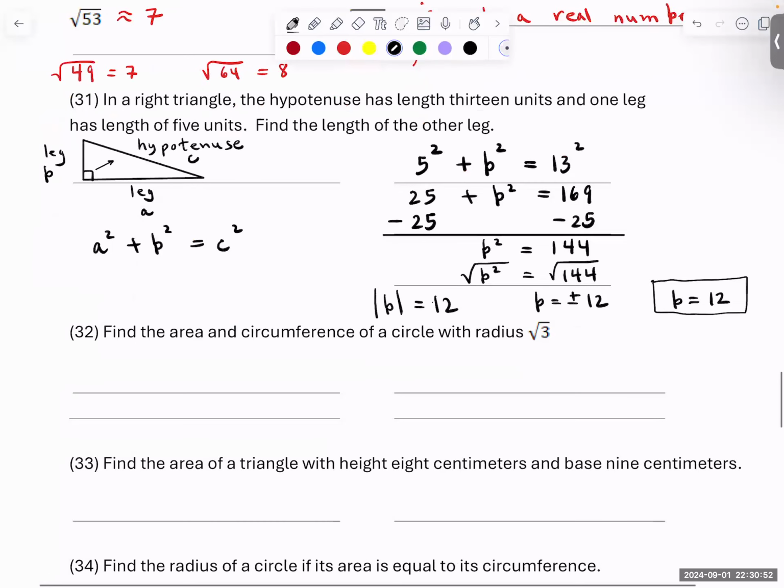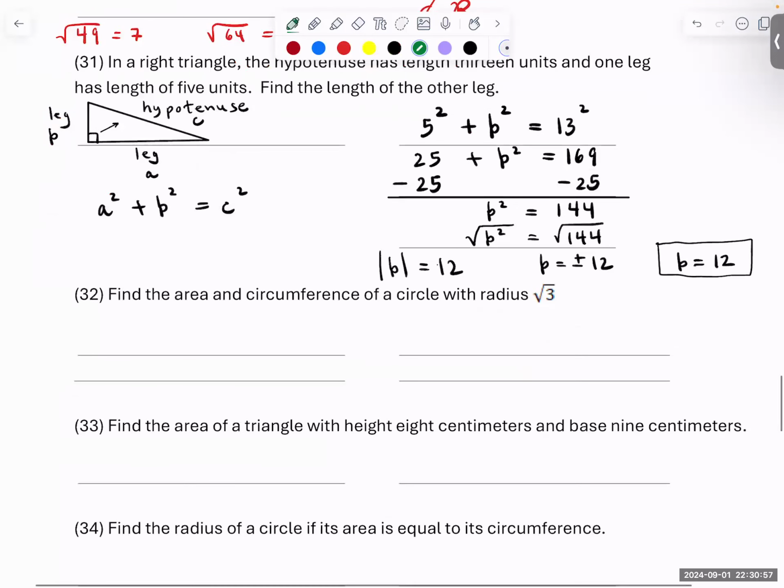32. Find the area and circumference of a circle with radius square root of 3. The formula for area of a circle is pi times the radius r squared. So substituting square root of 3 for radius, squared, we get pi times 3, or 3 pi square units.